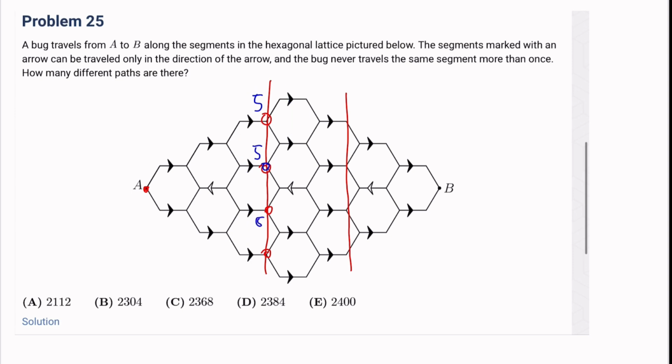And the next is this part, and from here let's try to get to this point first, right? Starting from here.